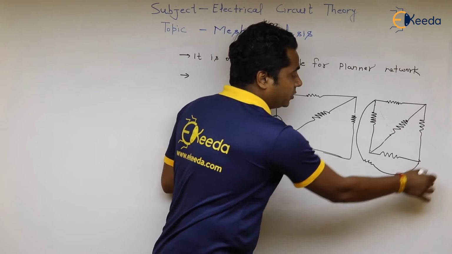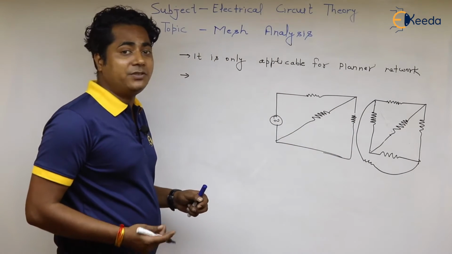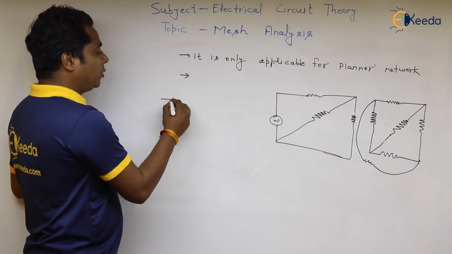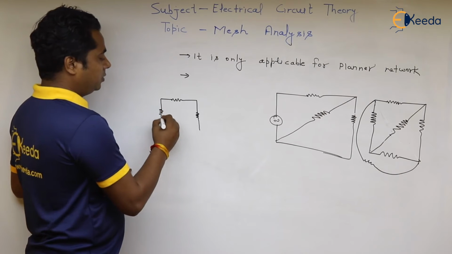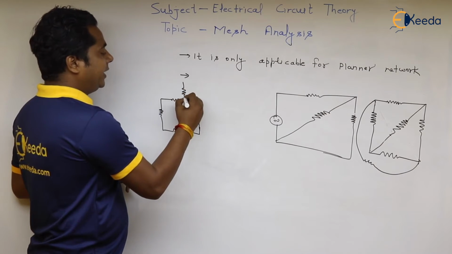So this also is planar. If we are discussing non-planar, it means we cannot draw it on a simple plane. So what will be non-planar? Let us assume we have one cube.